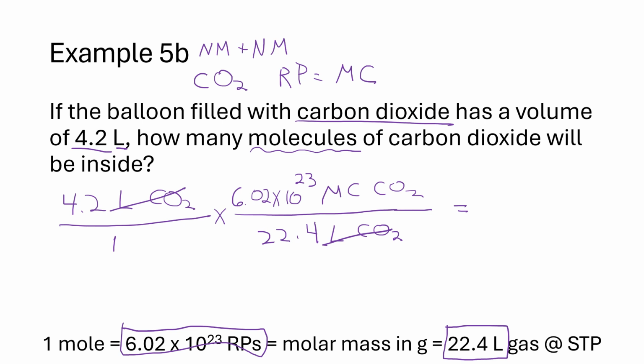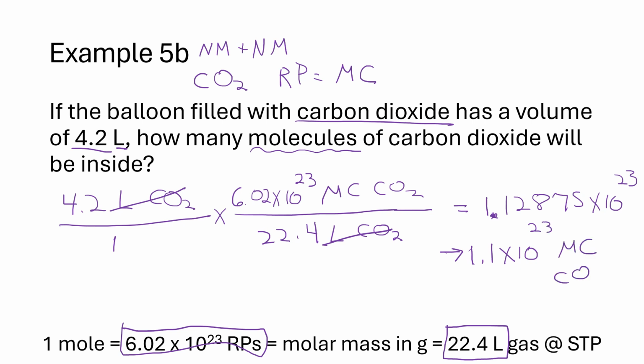And that's telling me 1.12875 times 10 to the 23rd. I can round that to 2 sig figs because I'm limited by the first number, the 4.2. This is going to give me 1.1 times 10 to the 23rd molecules of CO2.